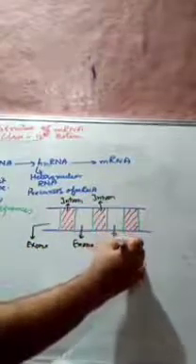This is exon. This is intron. This is exon. This is intron. Then this is exon. Then this is intron, and again this is exon.